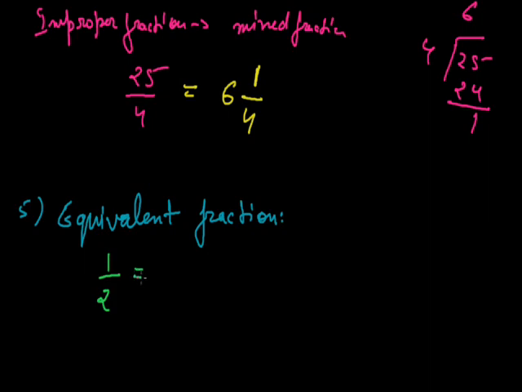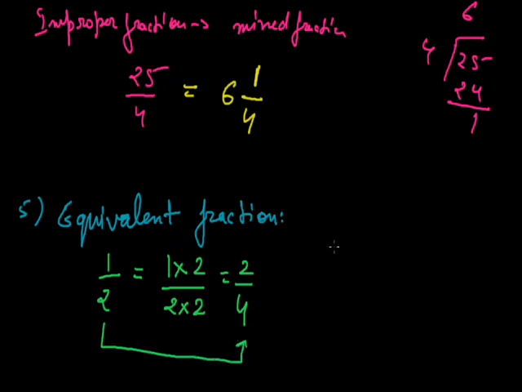Now one more fraction equivalent to this: I will multiply the numerator and the denominator by the same non-zero number. If I multiply 1 by 2 and 2 also by 2, then I get 2 by 4. Then this is the equivalent fraction. That means 1 by 2 is equivalent to 2 by 4.